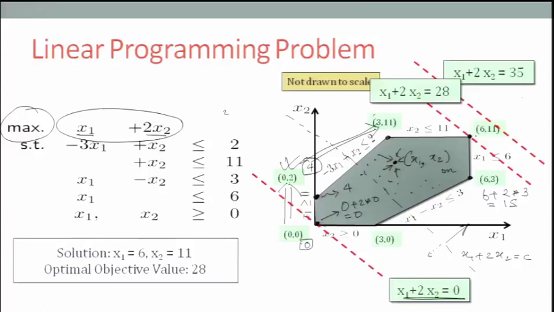So in this case, x1 plus 2x2 equals 28 just touches the tip of this region, and if you try to increase it ever so slightly, it no longer does. And immediately you conclude 6, 11 is the best value you can get, and it gets you a value of 28. Okay? So the idea behind a linear programming problem is to find that value of x1, x2 inside the green region that maximizes x1 plus 2x2.